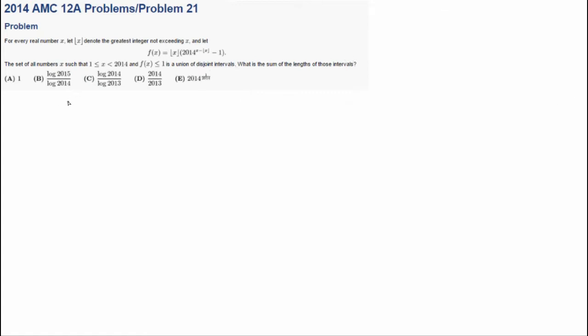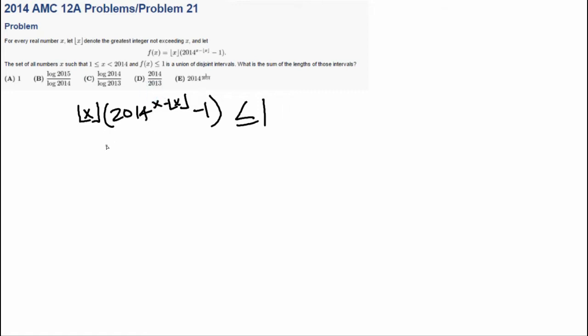So, if we want to find that, intuitively we should just solve this for x. So we know f of x is this, and that's less than or equal to 1. Well, let's solve for x.